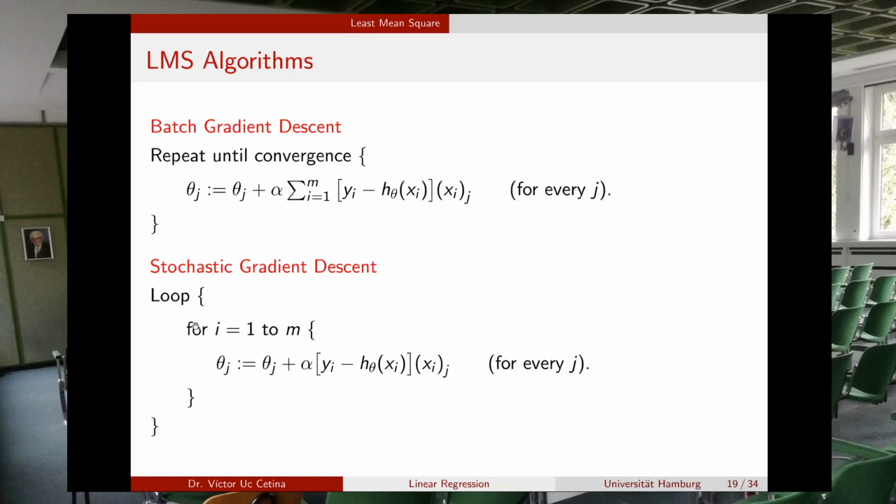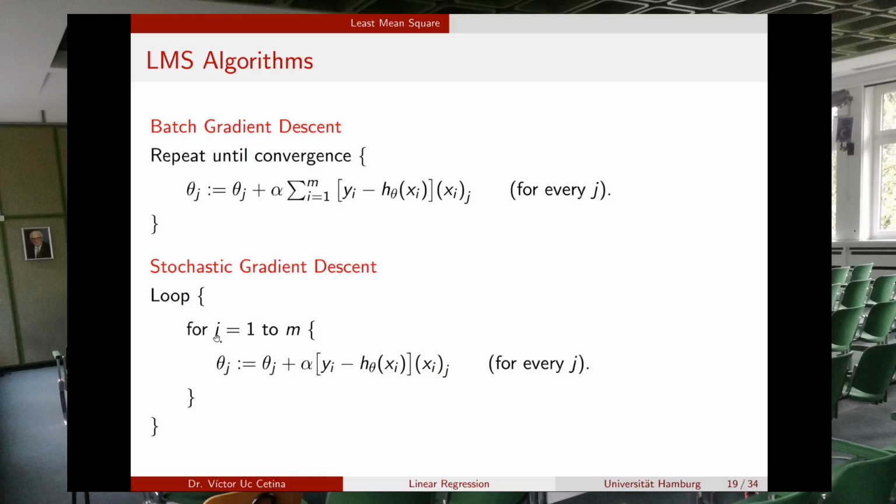So we have here 2 loops. The outer loop just tells you, okay, you have to repeat this until the error is as small as possible. And then you have this second iteration here, this inner iteration that will go from i equals 1 to m, where i is the index over the points that you are going to use.